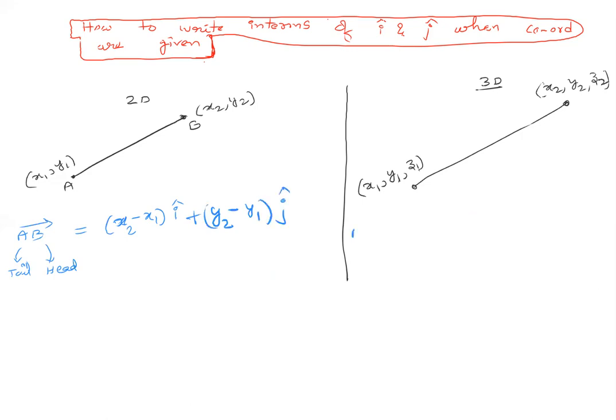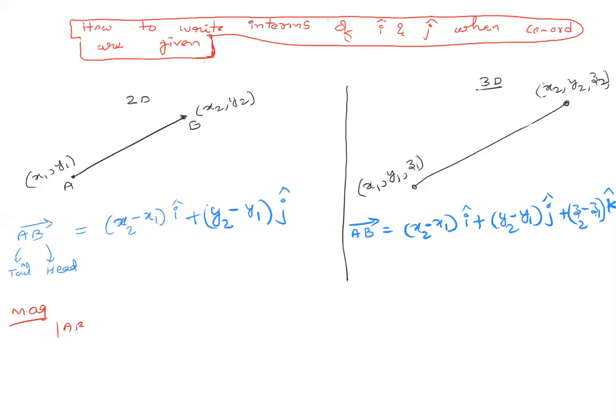And in 3D, AB bar is x2 minus x1 i cap plus y2 minus y1 j cap plus z2 minus z1 k cap. So this is AB bar on the left in 2D and AB bar on the right in 3D.